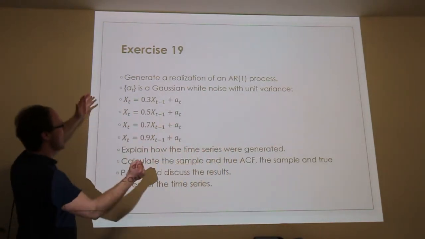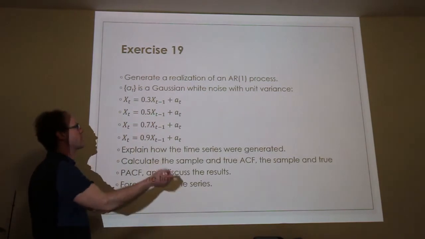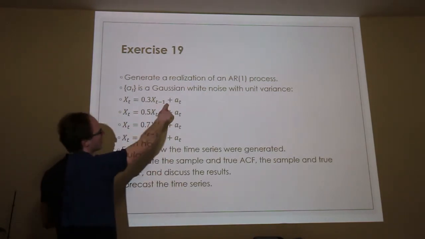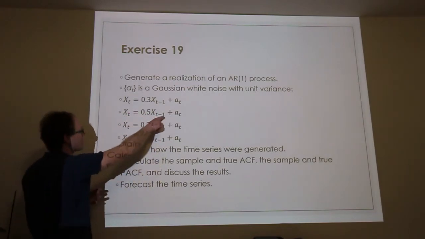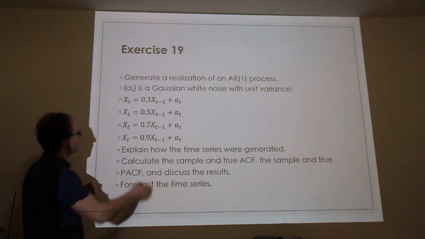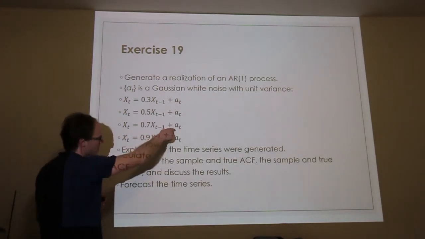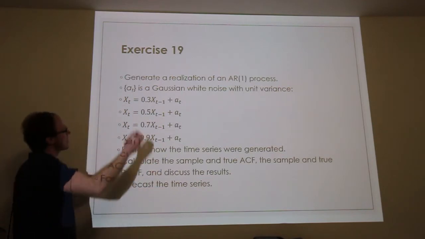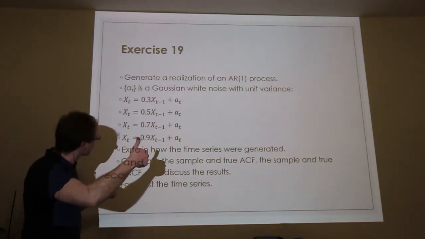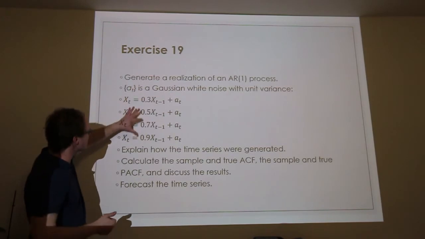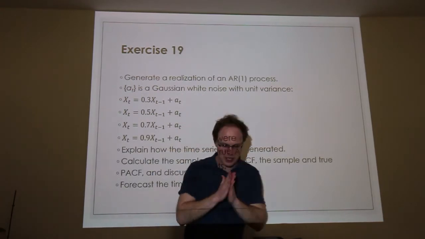There we have four formulas: x in time t will be equal to 0.3 times x in time t minus 1 plus a value of white noise; x_t is equal to 0.5 times x_(t-1) plus a_t; x_t will be equal to 0.7 times x_(t-1) plus a value from the white noise process, etc. So you can see an autoregressive process of the first order without constant with increasing value of the parameter phi.